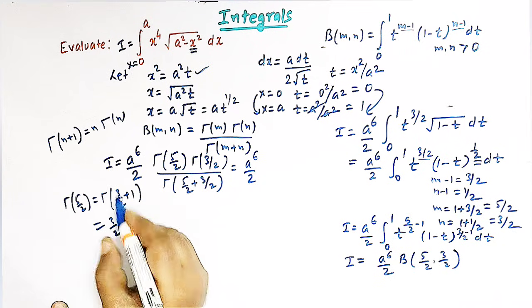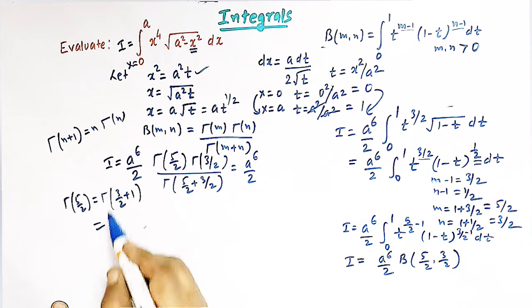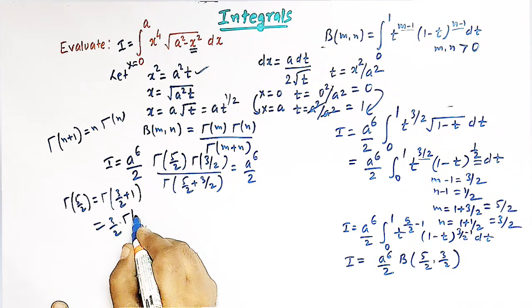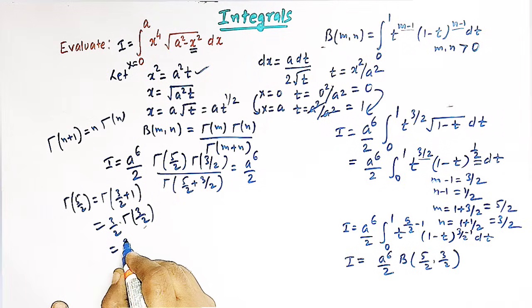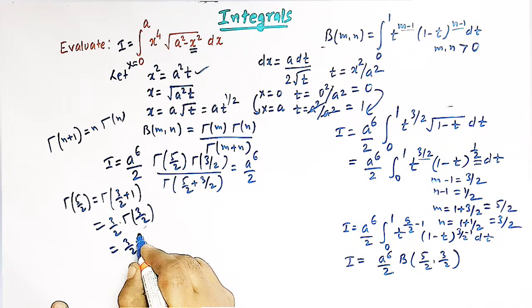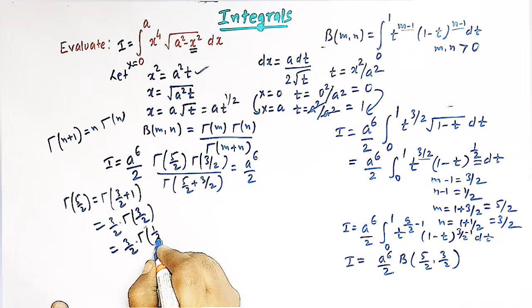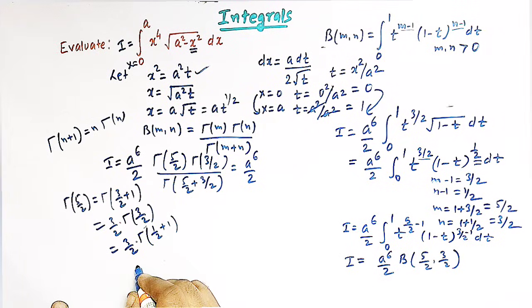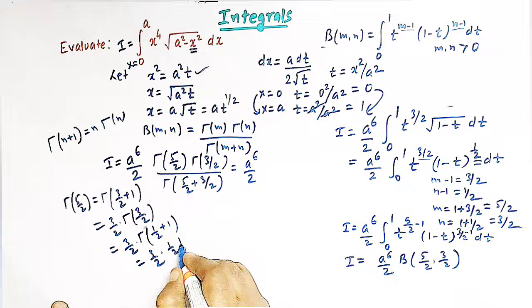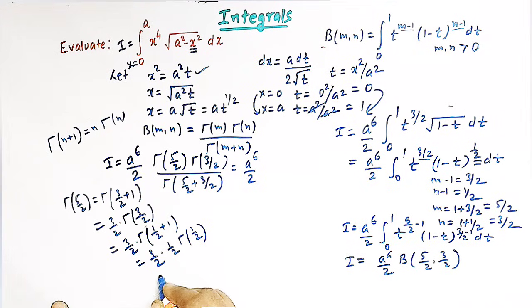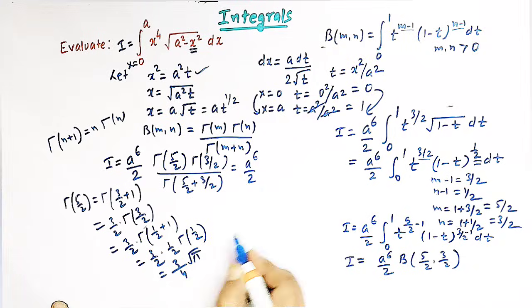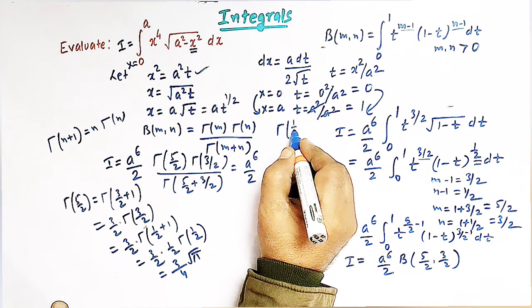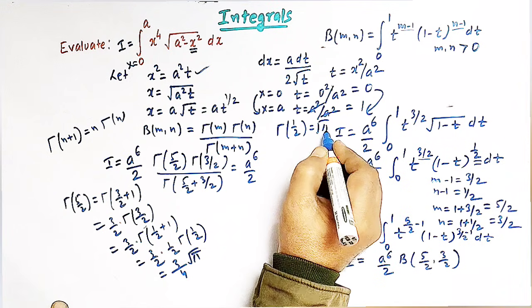Then we have this formula, 3 over 2 times gamma 3 over 2. Gamma 3 over 2 can be written as half plus 1. So we have 3 by 2 times half and gamma half, right? So this is 3 over 4 times gamma half. Gamma half is equal to square root of pi, right?